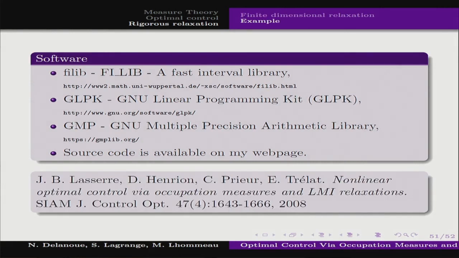All the details can be found, not of what I have implemented because it's not yet published, but the main ideas, to use occupation measures and how to relax, in a paper of Jean-Bernard Lasserre and Didier Henrion. In their approach, they do not use interval analysis, they use sum of squares instead, but it's quite the same idea for the first two parts of my presentation.